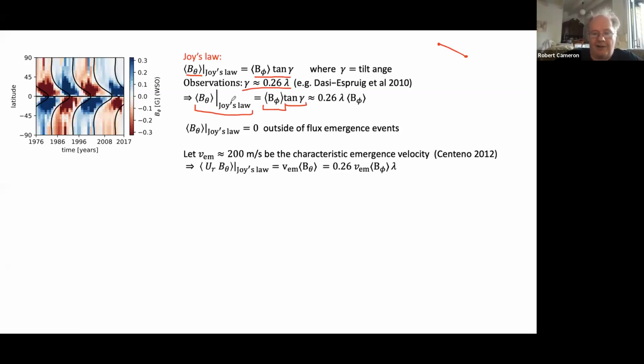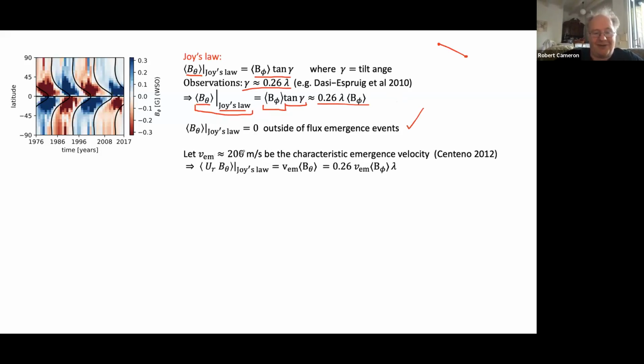This is all happening near the equator, so the B theta associated with Joy's law is just 0.26 times the latitude times the value of B phi, where this is now all in radians. So this is quite nice. Outside of flux emergence, the B theta associated with Joy's law will be 0. This is by definition: we only get Joy's law B theta during the emergence.